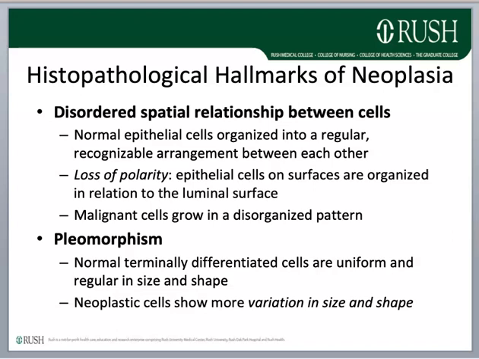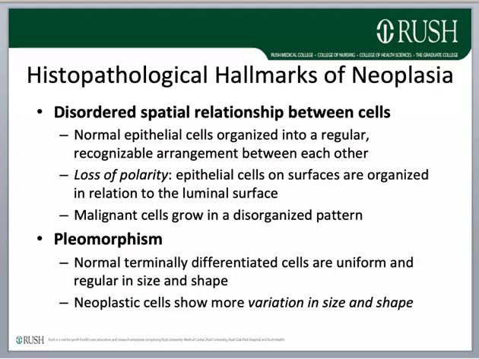And malignant cells grow in a disorganized pattern, meaning that the cell relationships are all jumbled up and there's a loss of normal cohesion and two-dimensional and three-dimensional organization of the tissue.